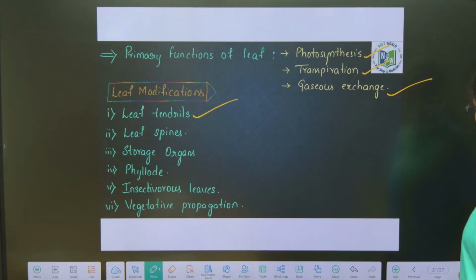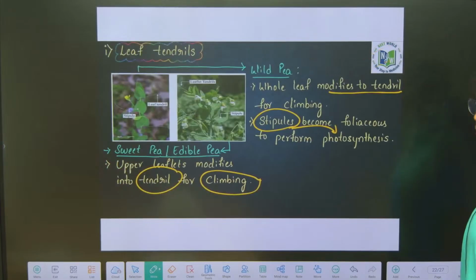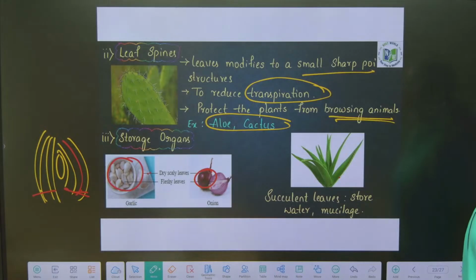Next is leaf modifications. First you take down leaf tendrils. Leaf spines, sharp pointed structures. Just transportation. If you have missed out anything, take down, beta.